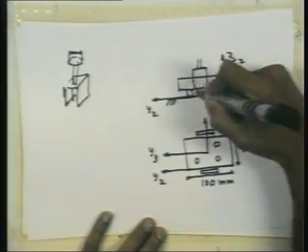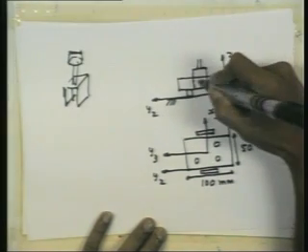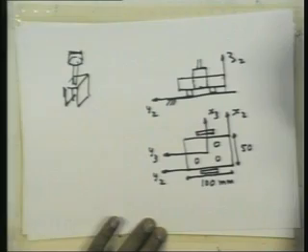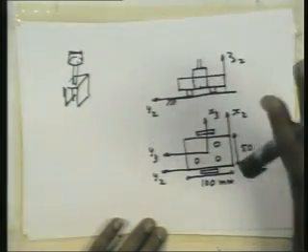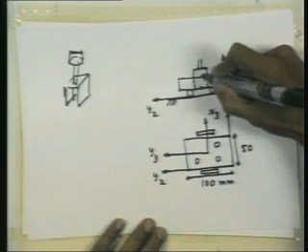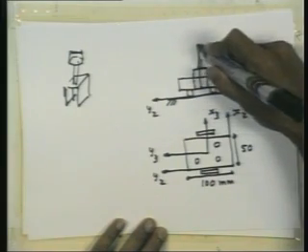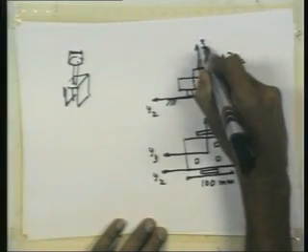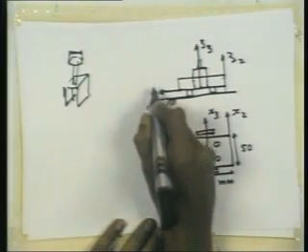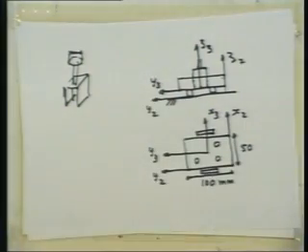And here perhaps it's a good idea to put the origin of that reference frame at the edge of the gripper, fine. So if you do that, then this is the z3 axis and this is the y3 axis.